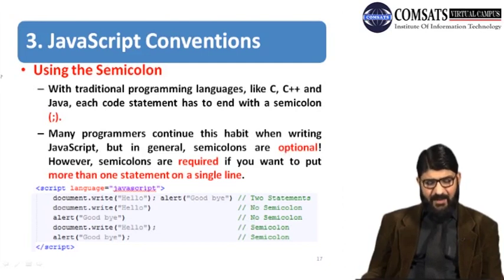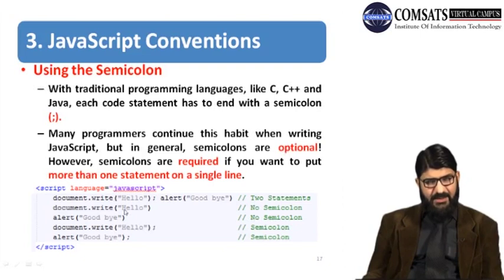Let's see an example. The script language is JavaScript. document.write is a statement to give the output, and then hello world is mentioned, and then alert goodbye is given. So there are two statements on the same line, so a semicolon is mentioned.